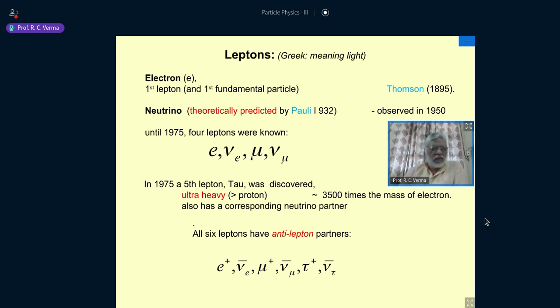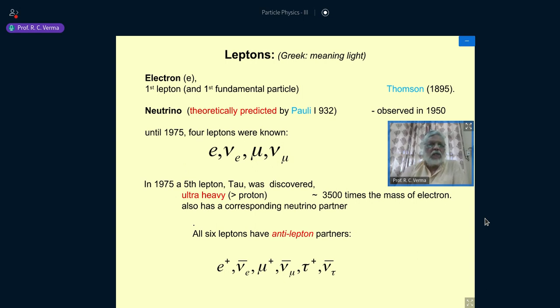And its neutrino partner, as we have already discussed, was predicted by Pauli in 1932, observed around 1950. Until 1975, there were only four leptons, that is electron and muon, with their neutrino partners, electron-type neutrino and muon-type neutrino.